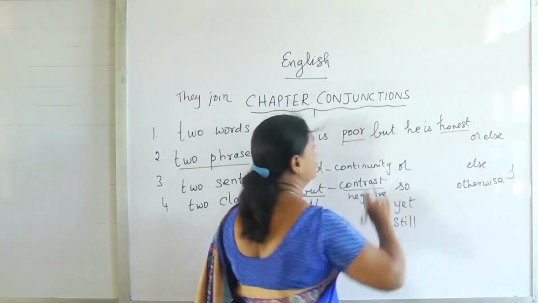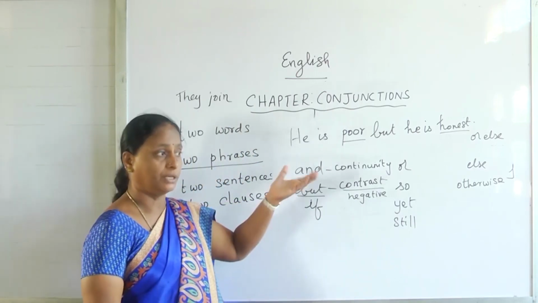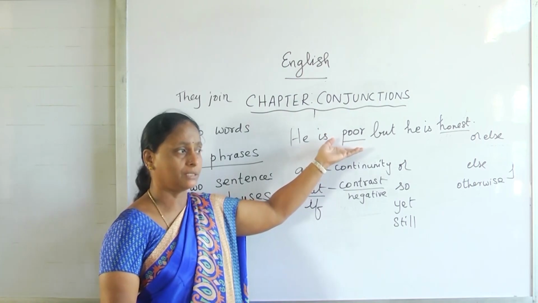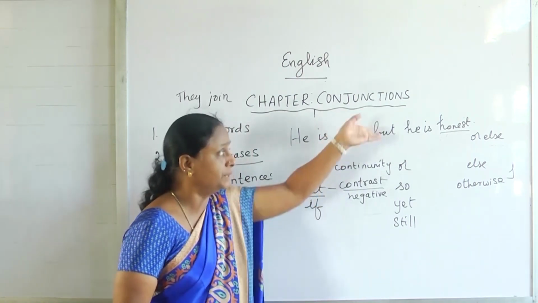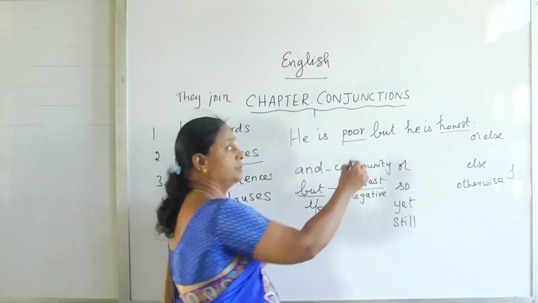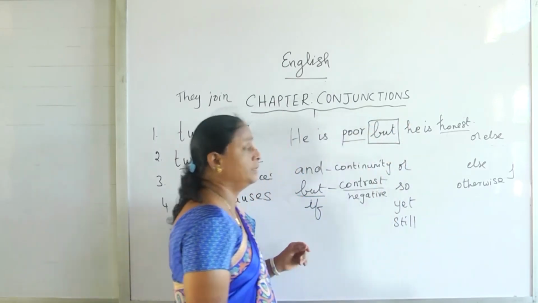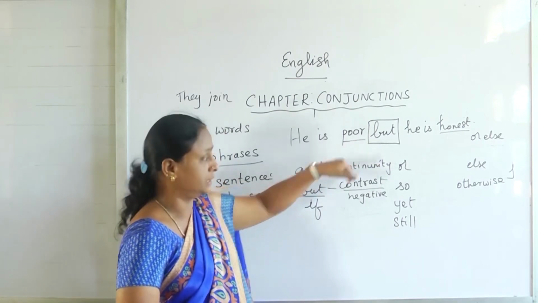So the person who is poor may be good or may not be good. But the general thing is they will say they do some wrong things or malpractice or misbehavior. So it gives a contrast meaning. He cannot be an honest person. So here I have used this negativity. He is honest. So I have to use the conjunction but.